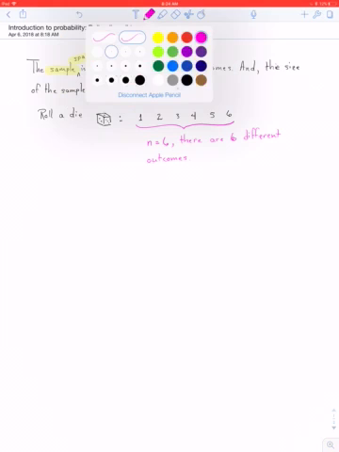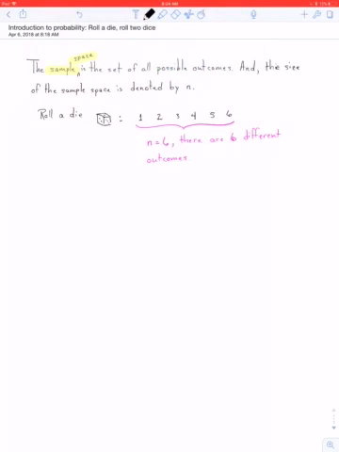So I'm going to go back to my black, and we say an outcome is the result of a trial of a probability experiment.